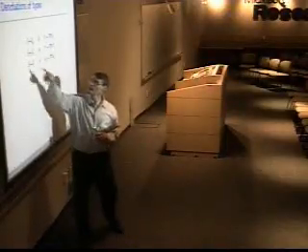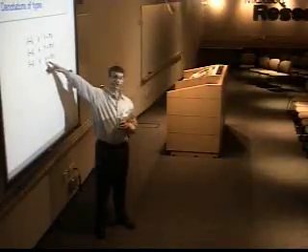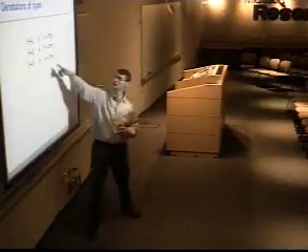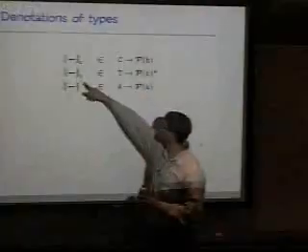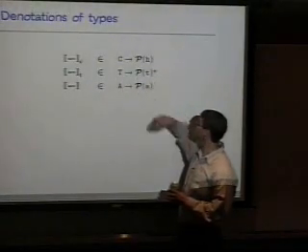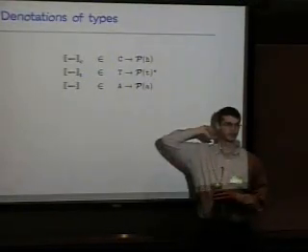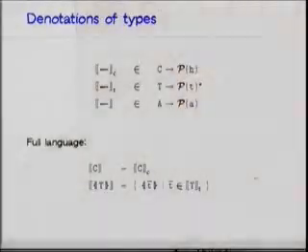For the full language, the denotation function takes full language types into sets of full language values. For the XML part of the language, it takes XML types into sequences of XML values. And for the host language, it takes us into sets of host language values.